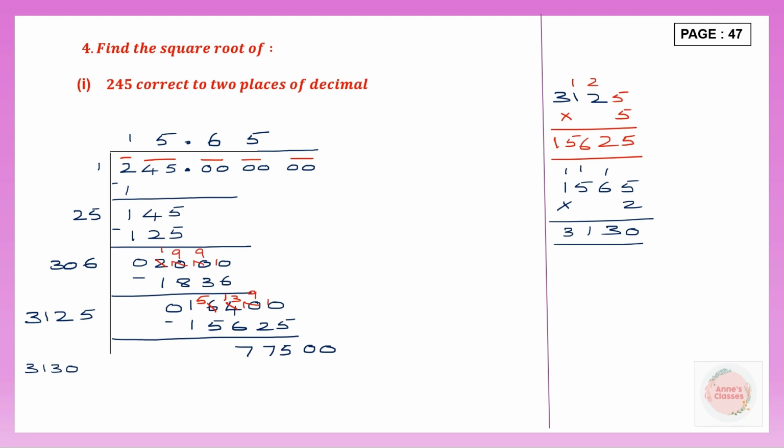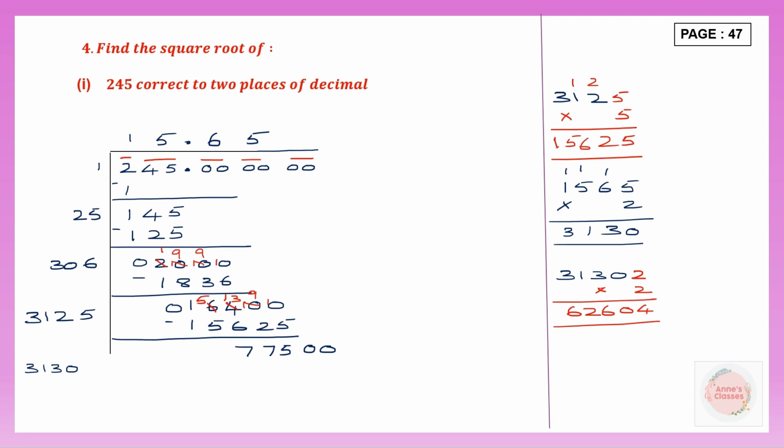3130. Now next to this we have to get a digit and multiply so that we get a number close to this. So let's write down 3130, and next to this what shall we write? Let's try with 2. So let's put 2 here and multiply by 2. 2 twos are 4. Then 2 zeros are 0, 2 threes are 6, 2 ones are 2, 2 threes are 6.